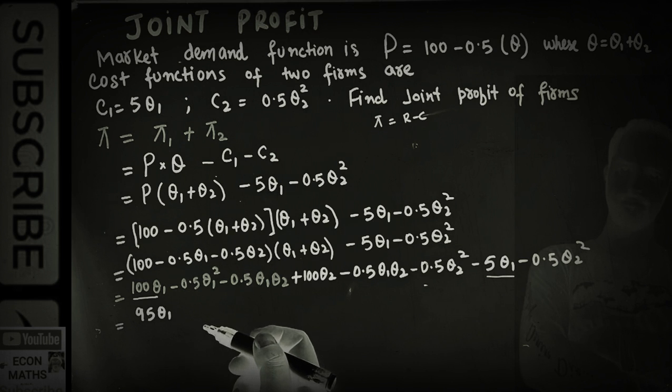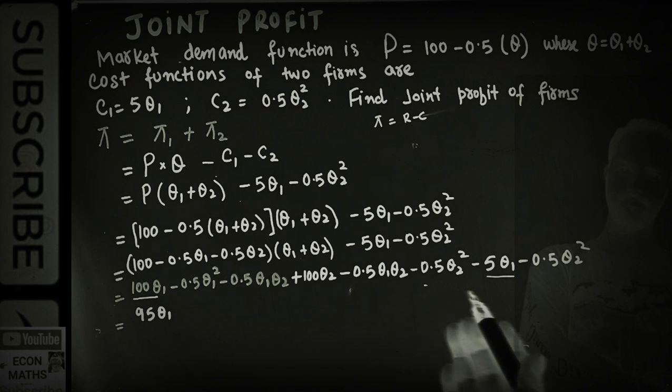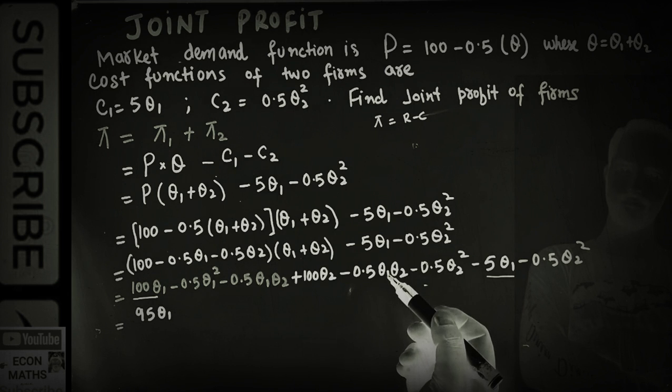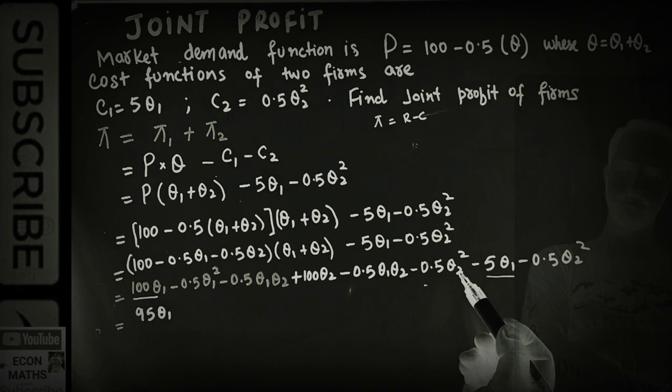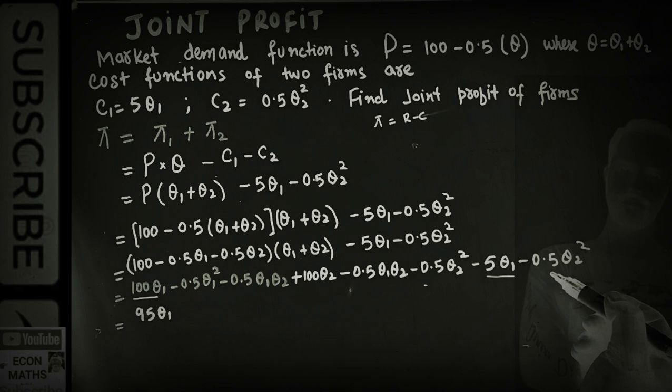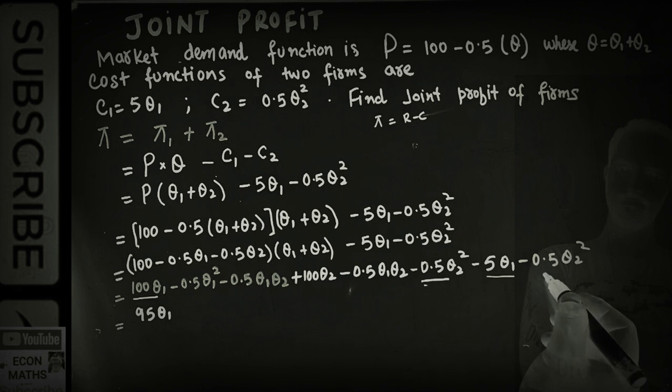I don't think there is any other term which are the like terms here. But let me see if I have done the calculation right or not. So we have 0.5 Q2 square, and here we have 0.5 Q2 square. So I can add them also here.